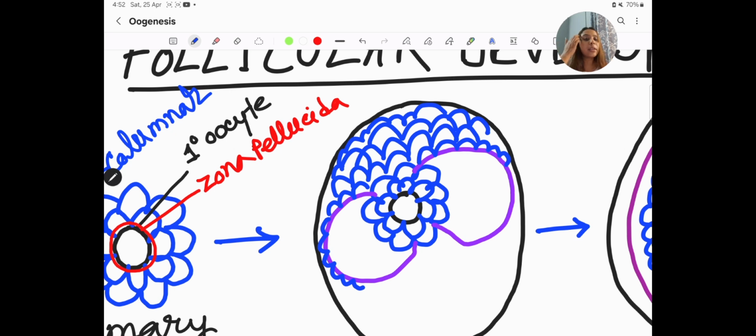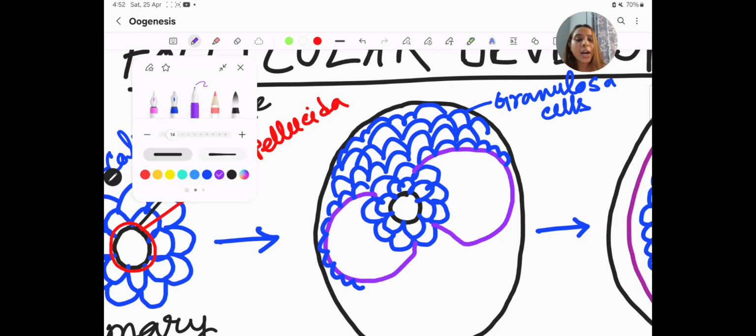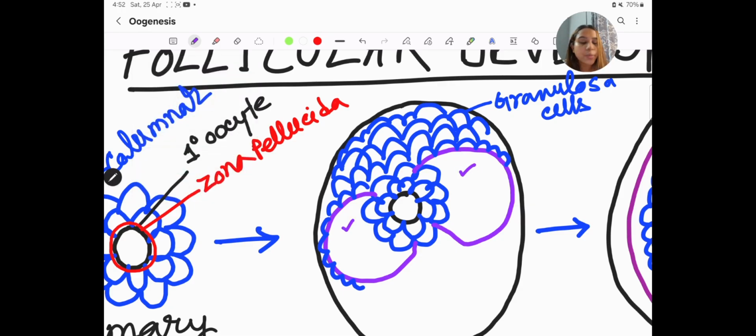That means they have undergone mitosis and increased their cell number. These are the granulosa cells.